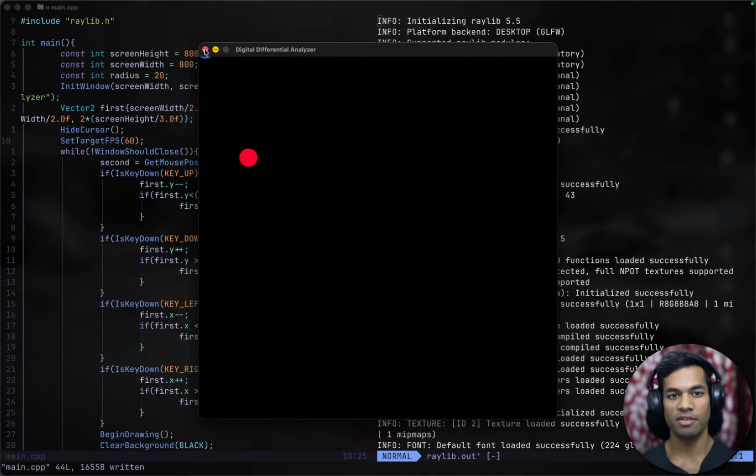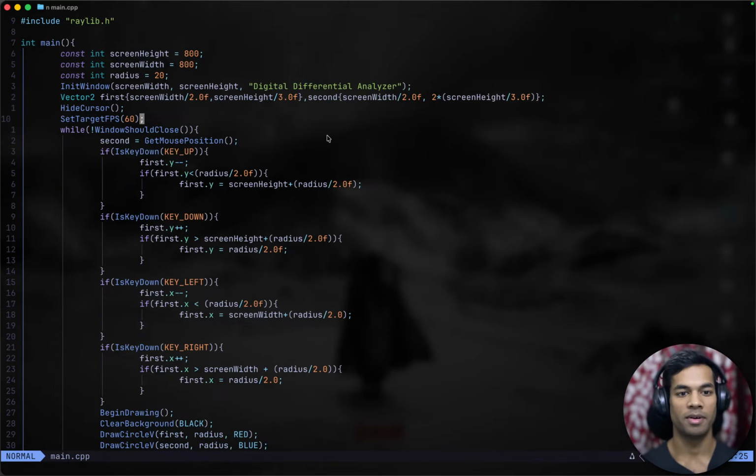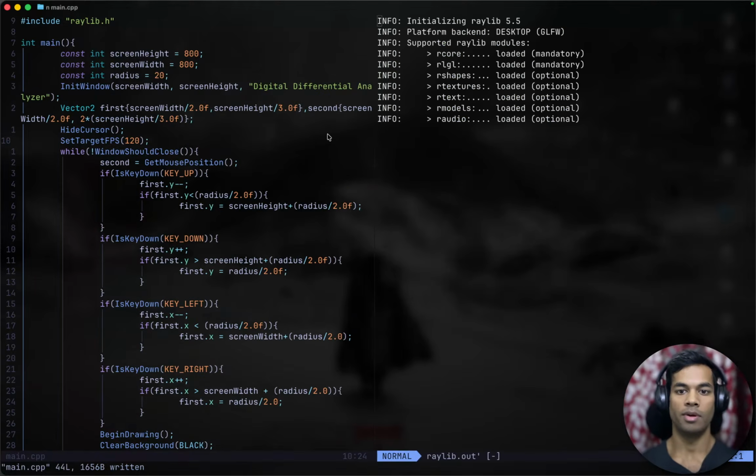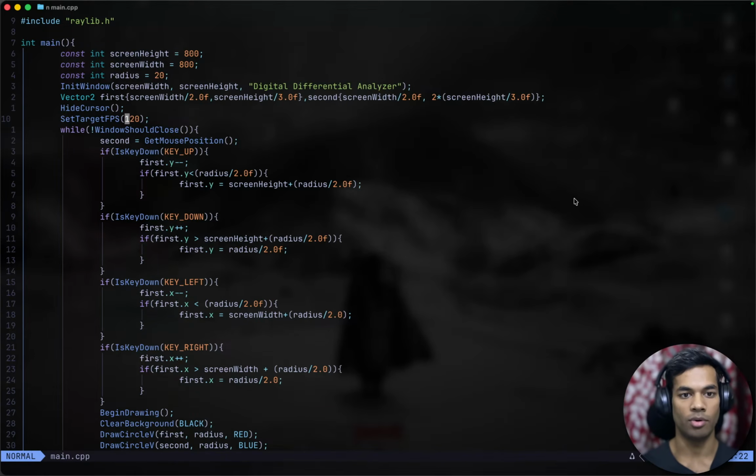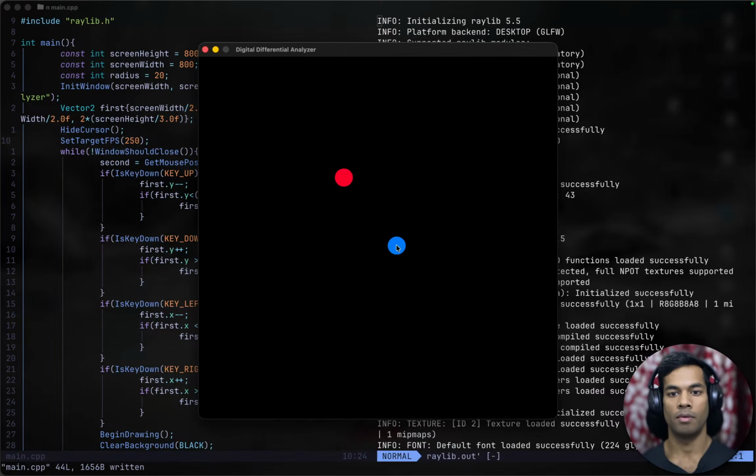And 60 FPS is too slow. With 120, the speed should be double. It is double and is still very small. Okay, that is good enough speed.